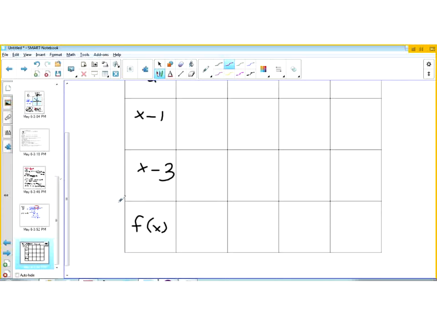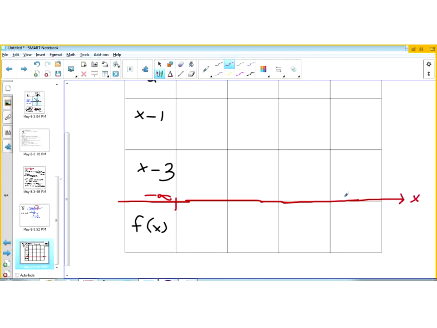All right, so when we construct this, the next thing we want to do is we want to identify the x-axis. Okay, so the x-axis is this line right here. We'll call this the x-axis. It separates f of x from the factors above.